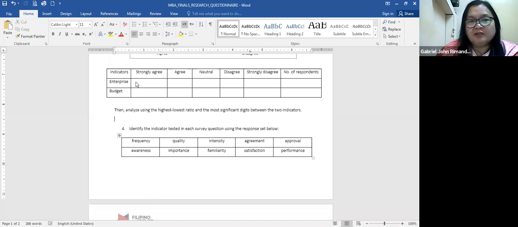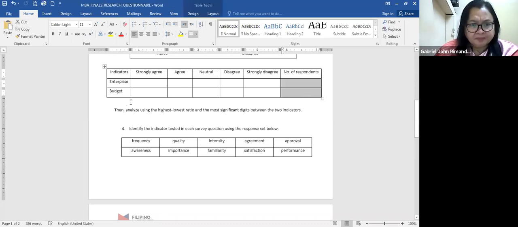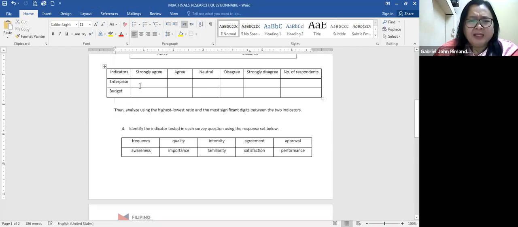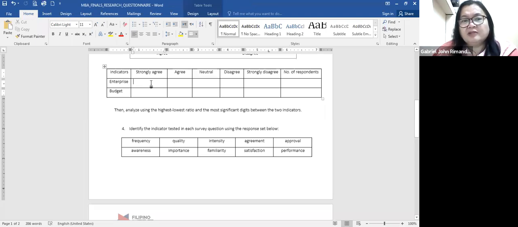So you have to look here among these items. By the way, you have to indicate here the number of respondents. And then as you analyze, you can say from the number of respondents, how many stated strongly agree, how many neutral, and then you have to identify why.